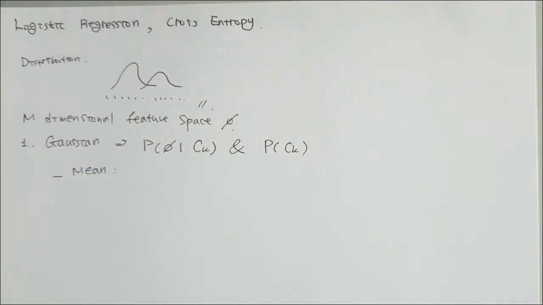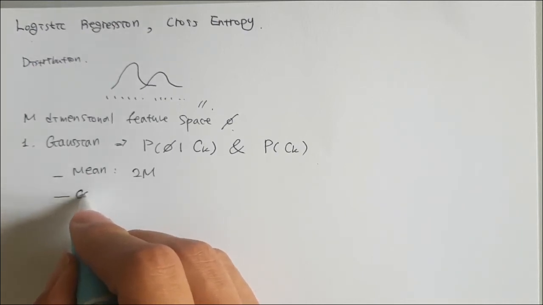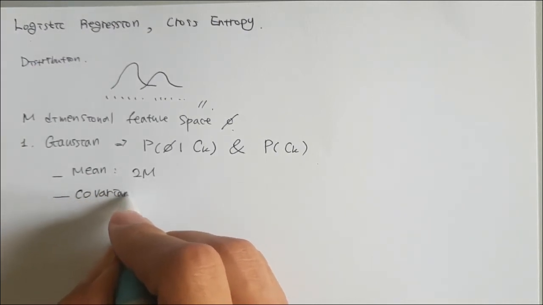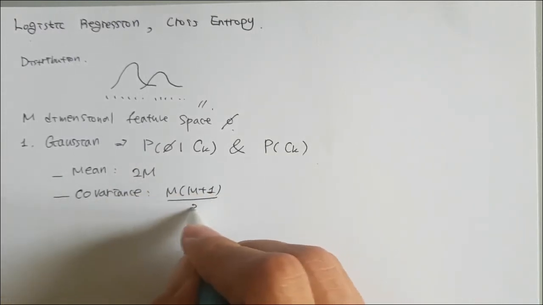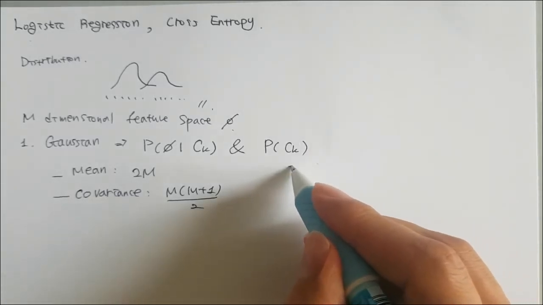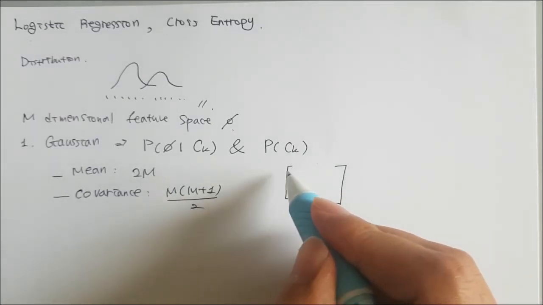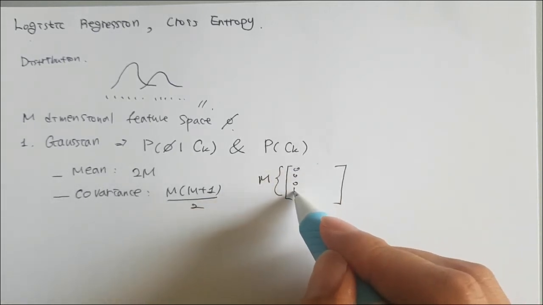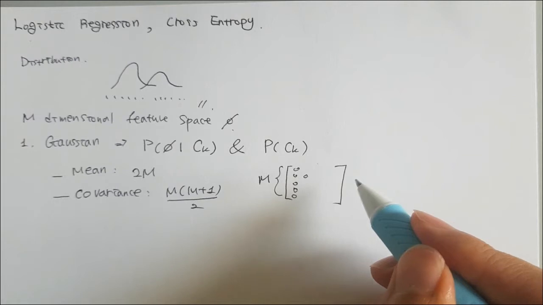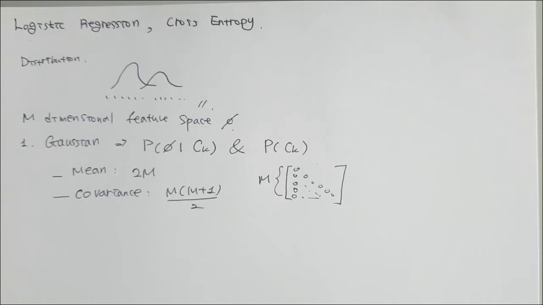So here the number of parameters will be 2m for the mean values, and in the case of covariance it will be m times m plus 1 over 2, because if there are m components, then because the covariance matrix is symmetric, we have to know all of these terms.